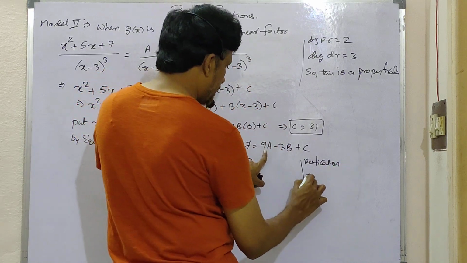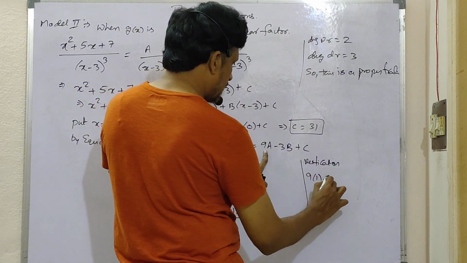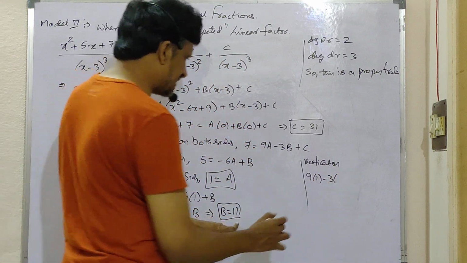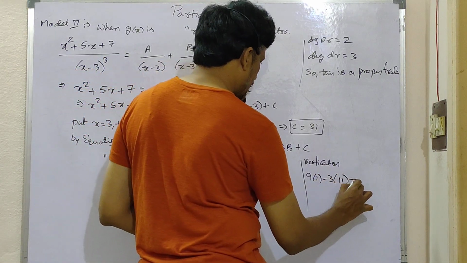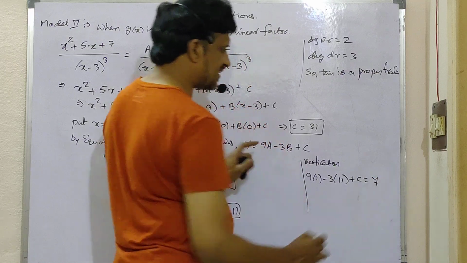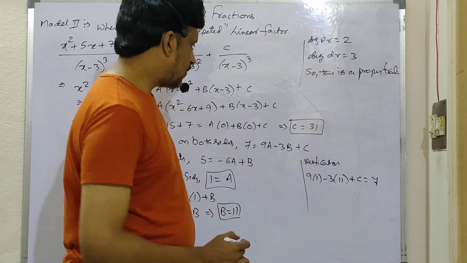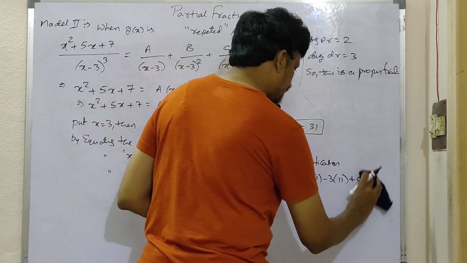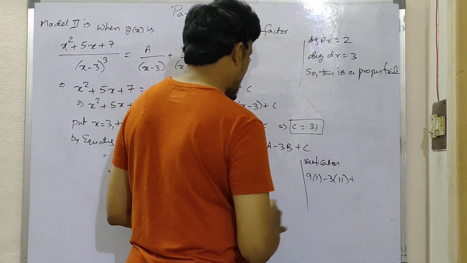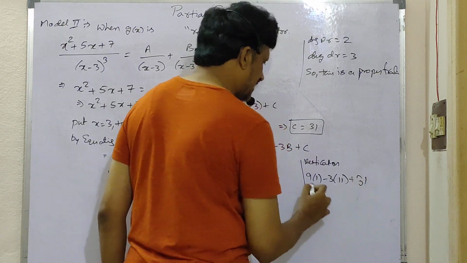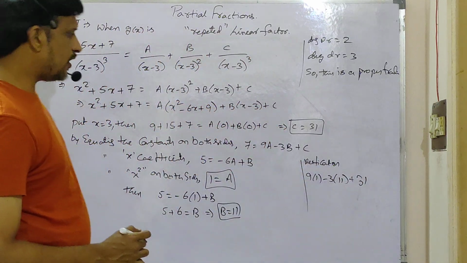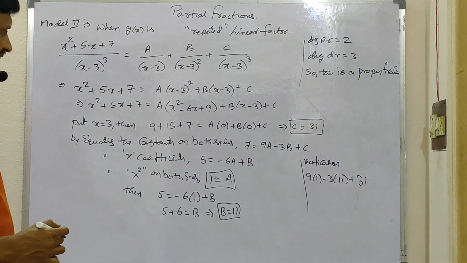Here 9a means 9 into a, which is 1, minus 3 into b, b is 11, plus c is equal to 7 is the relation. If you substitute c here, you will get 7. The value of a is 1, b is 11 and c is 31.